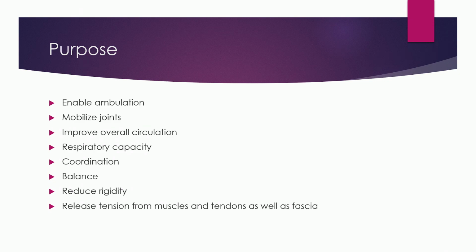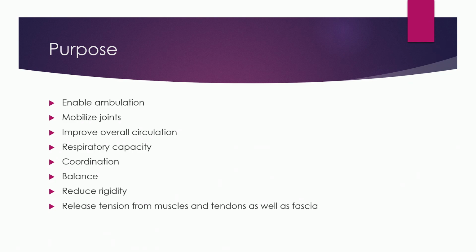Mobilize joints. This is very important. We know that our joints, with time, become very weak, and sometimes with cold weather, we can have some injuries. Joints are really what helps our limbs move the way they do, and pain in joints can be one of the worst pains someone can endure.